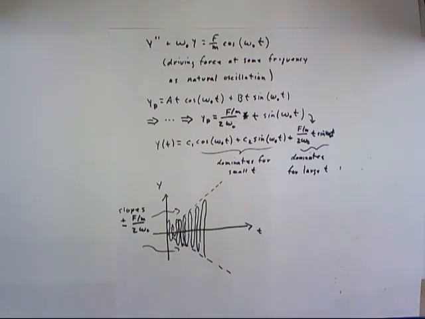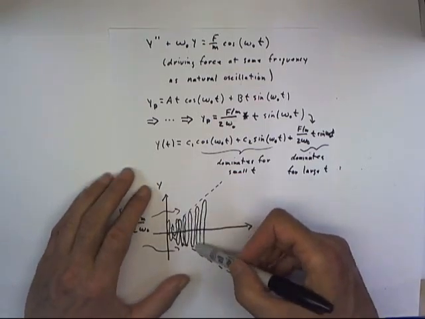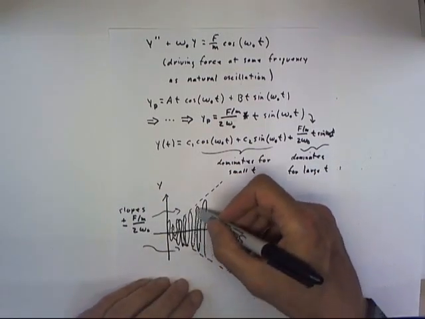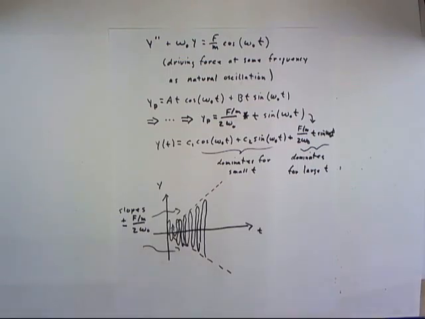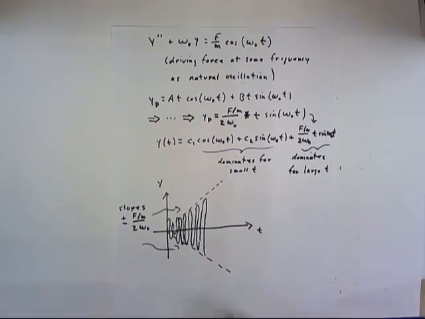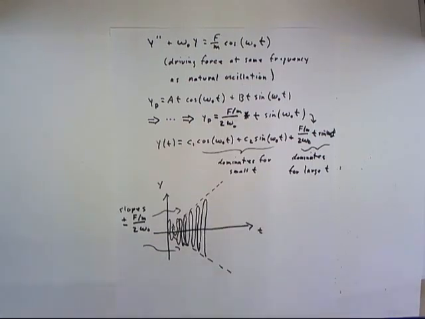Now, as I've mentioned, no system really continues to increase its amplitude forever. That would eventually use up all the energy in the universe. There's got to be something that limits this kind of resonance, and that's going to be some kind of a drag. And we can understand that in terms of the drag on a pendulum or a swing.